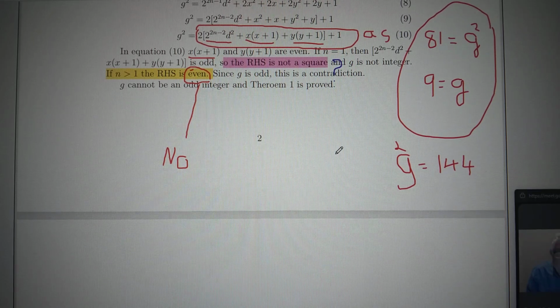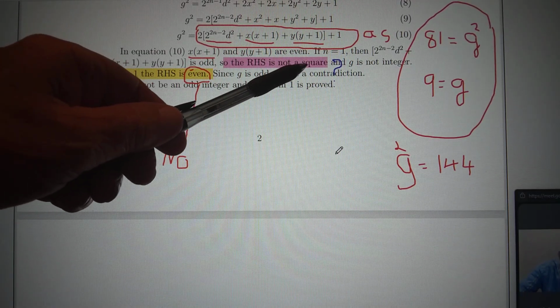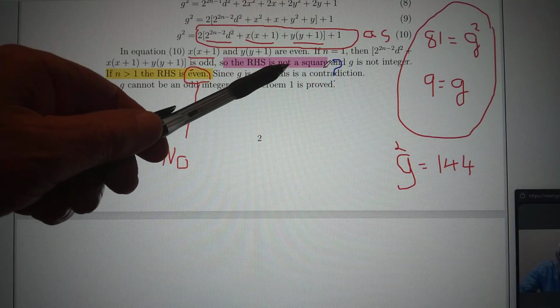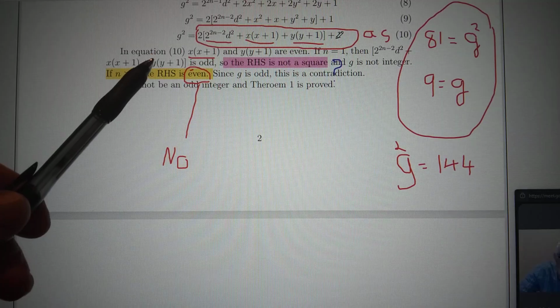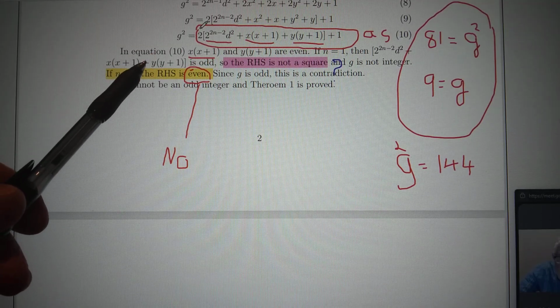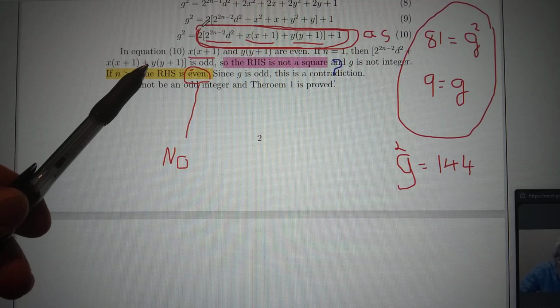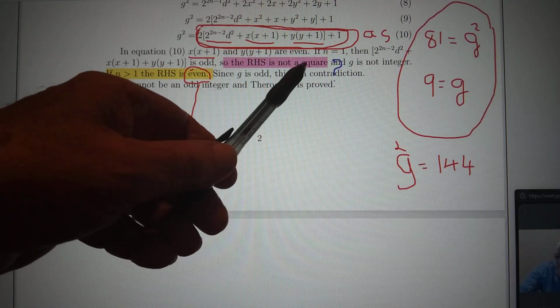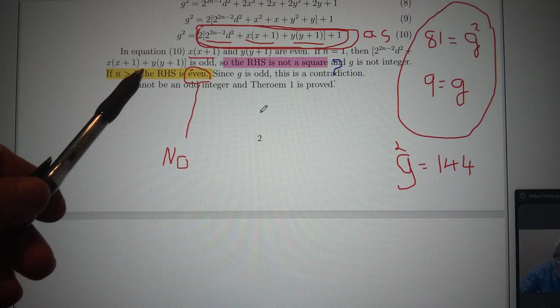Anyway, look at this. You are telling the right hand side is not square. Why did you tell that? Why did you tell in equation 10 the right hand side, this one, is not square? Why? Because it is odd.